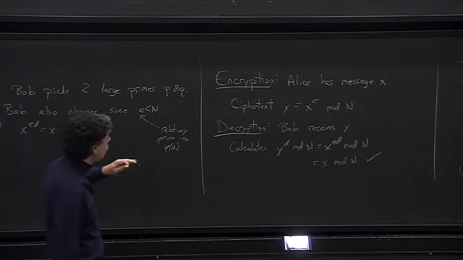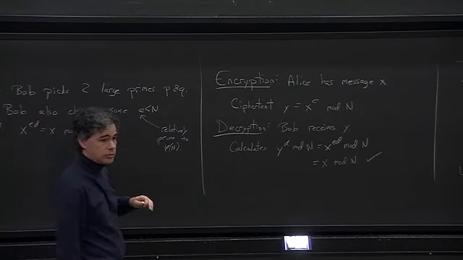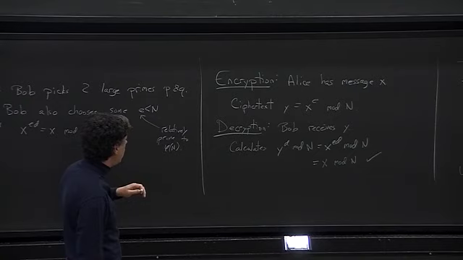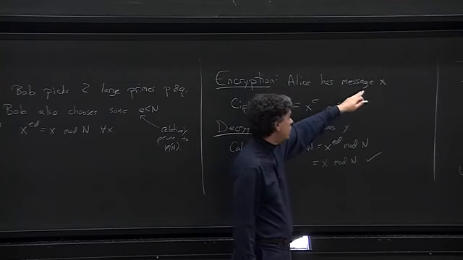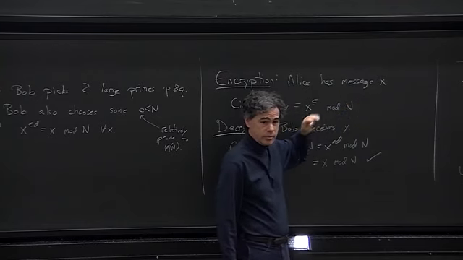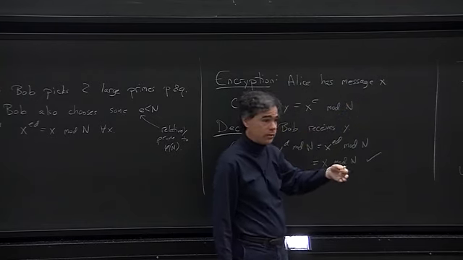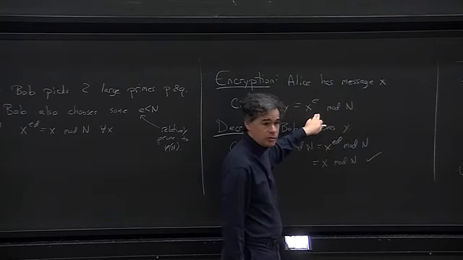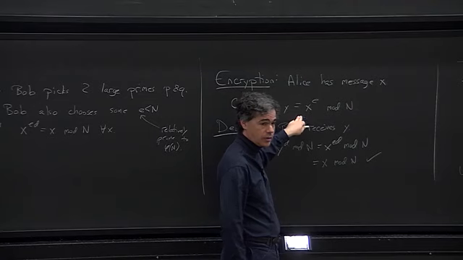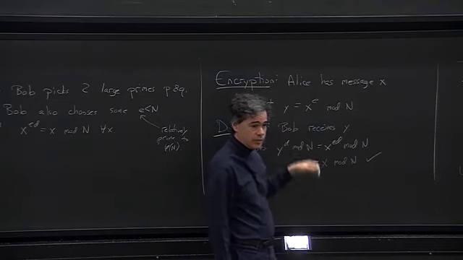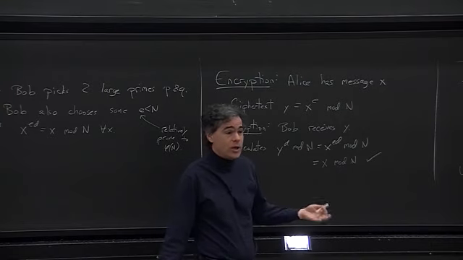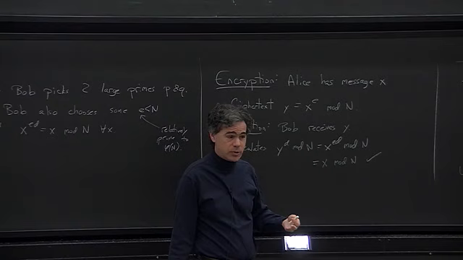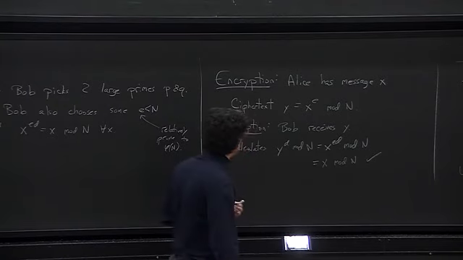So the way you actually use this in the real world is Alice doesn't send her message directly with RSA. Instead, she generates some random bit string, some random number, and encrypts that using RSA. And of course, since it's a random number, Eve has no idea what it is, so she doesn't have this option of attacking it by trying a small number of possibilities.